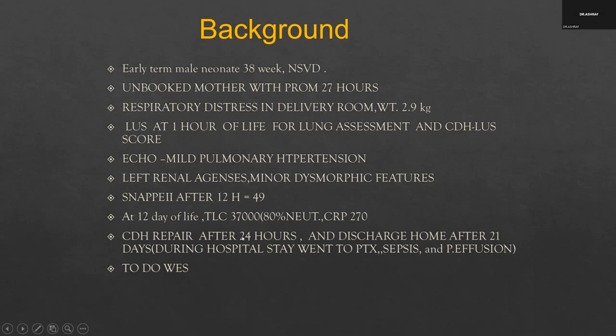CDH repair was done after 24 hours, and discharge home after 21 days. In hospital, there was pneumothorax, sepsis, and pleural effusion. Because of the small fissure, left renal agenesis and hernia, I advised the family to do genetic testing.